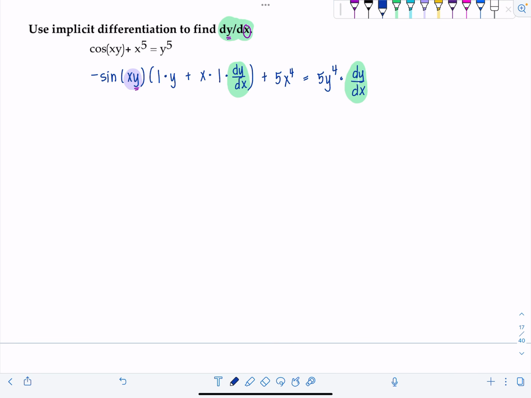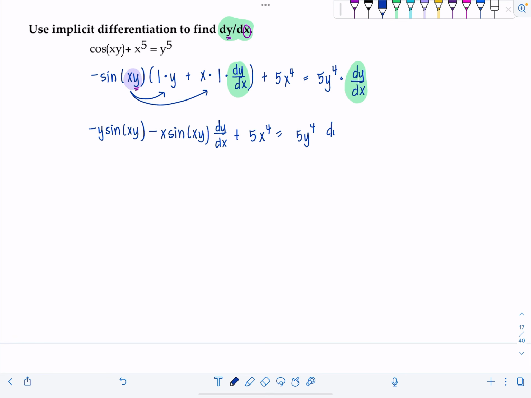In order to do that, I'm going to need to distribute negative sine of xy first. So to not make it confusing, I'm going to write negative y times sine of xy minus x times sine of xy dy/dx plus 5x to the fourth equals 5y to the fourth dy/dx.